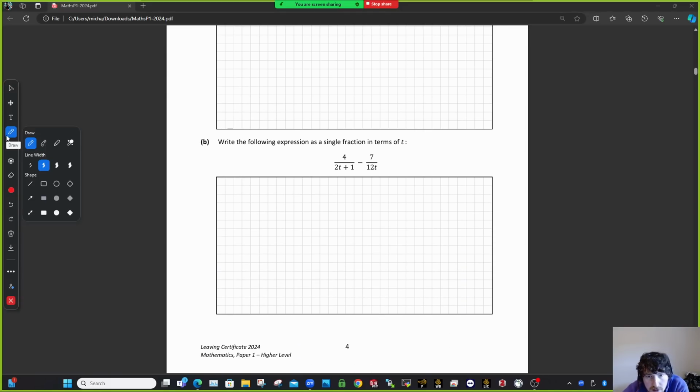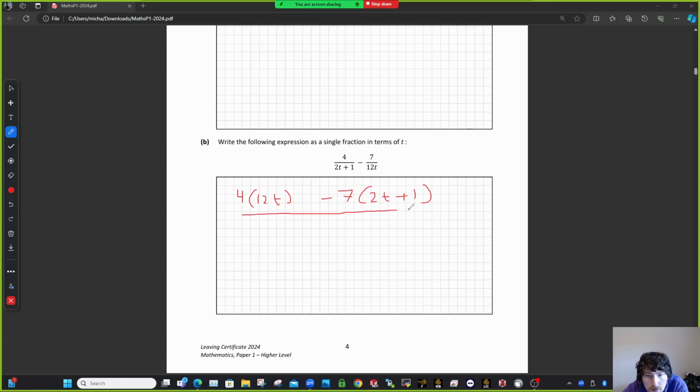Express this as a single fraction. So you want to multiply above and below by the other person's denominator. So this here will be 4 times 12t. And then this is going to be minus 7 times 2t plus 1. And then they're all over this common denominator of 2t plus 1 times 12t.